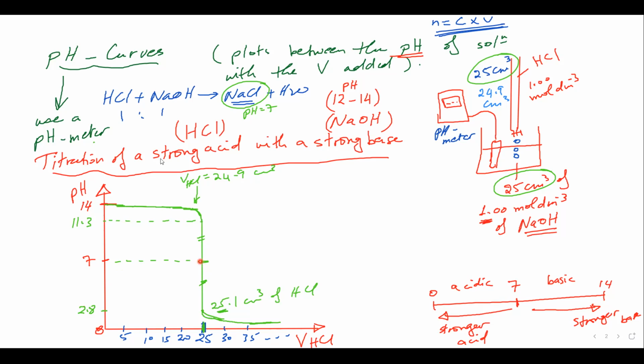Okay, so this is the pH curve or the titration curve between a strong acid and a strong base. Now, what happens if we titrate a weak acid with a strong base?